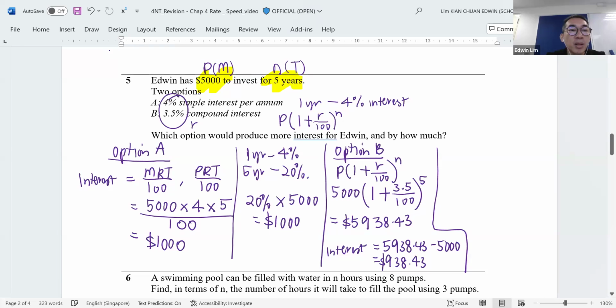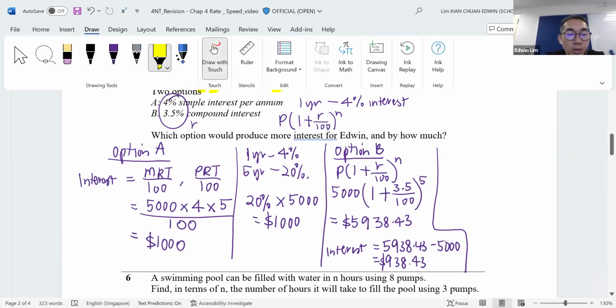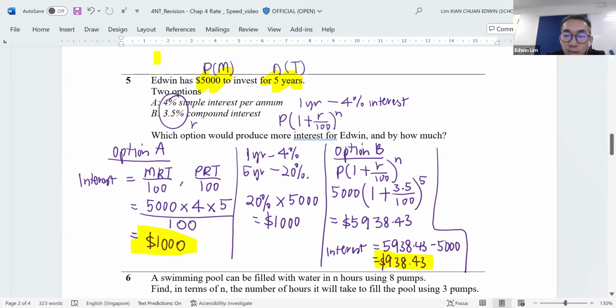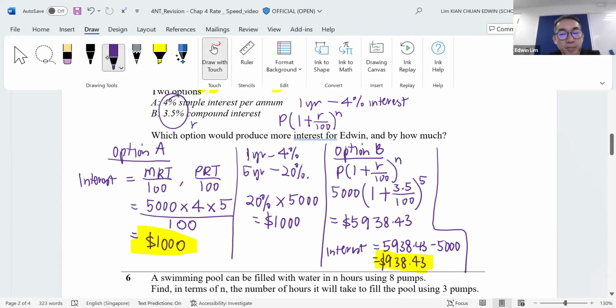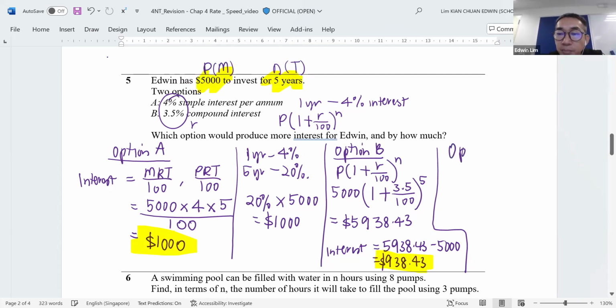Looking at the interest, one is 1,000, the other one is 938. So I can declare option A is better. It produces more interest.